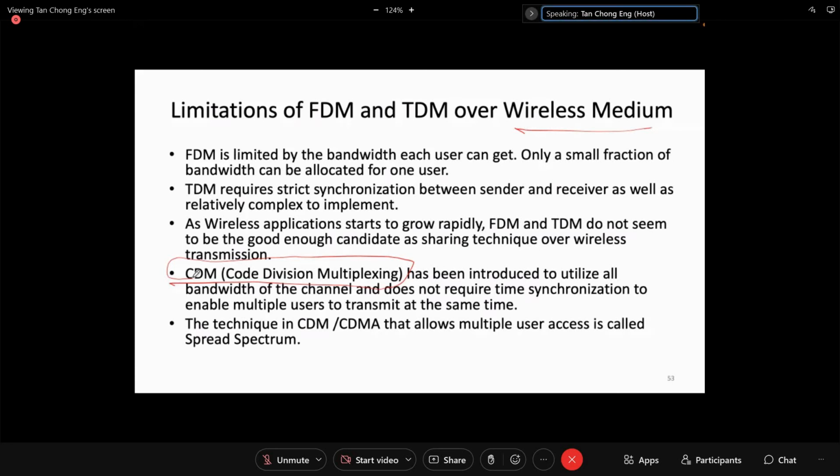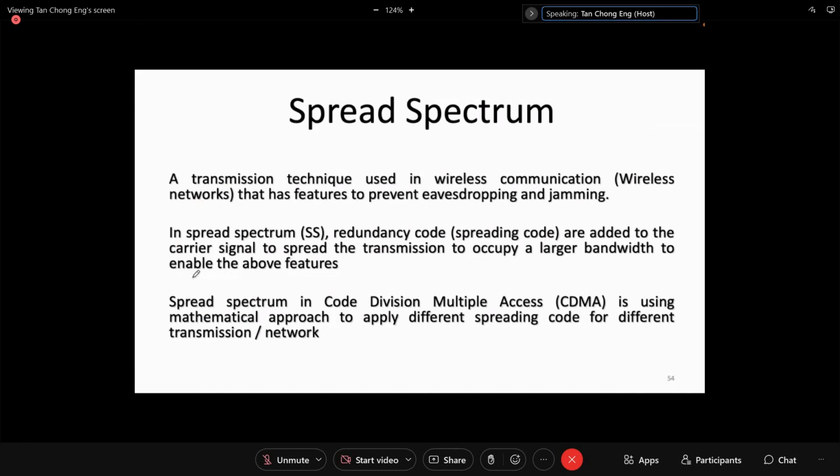And the recipient can still easily retrieve the information by homing in on that particular signal and then using their own code to decrypt the transmission. So this is basically what happens in wireless communication networks.